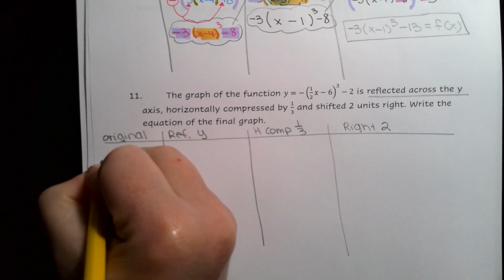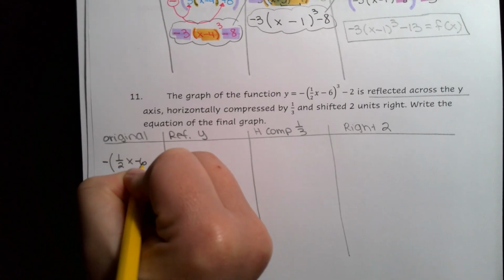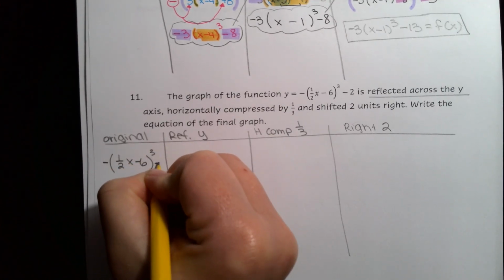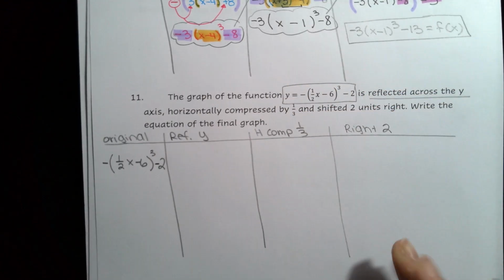Writing out our original, you have a choice. Keep the y, don't keep the y. That part doesn't matter. Don't forget that 2 is included in your function.